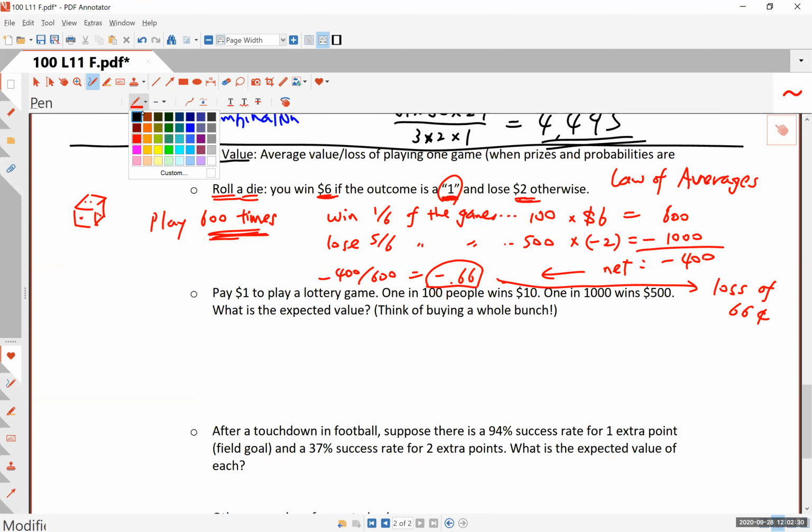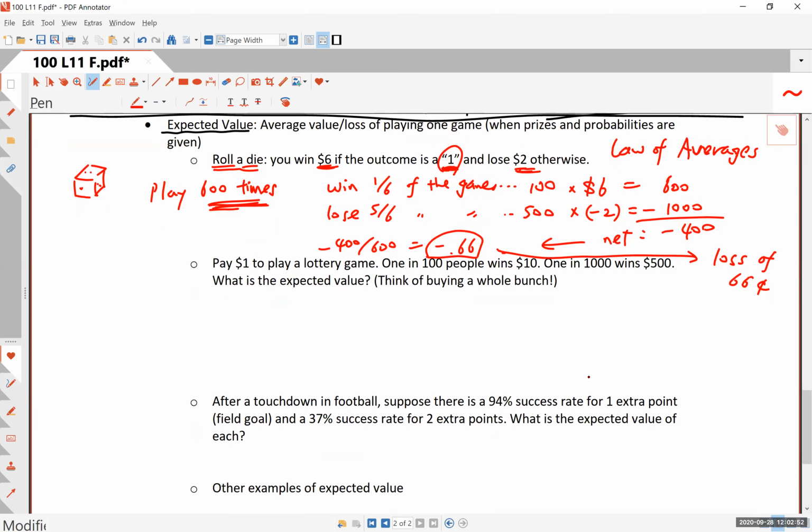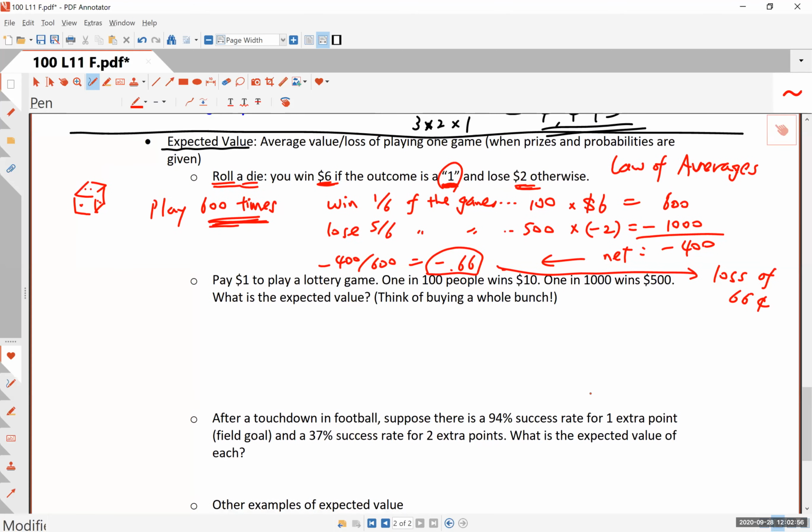So what is the best way to earn money by gambling? To own a casino, because the expected value is designed to go against you. In every one of these gambling situations, the expected value is negative for the player. Yes, there are some exceptions, but overall, this is how it's designed.